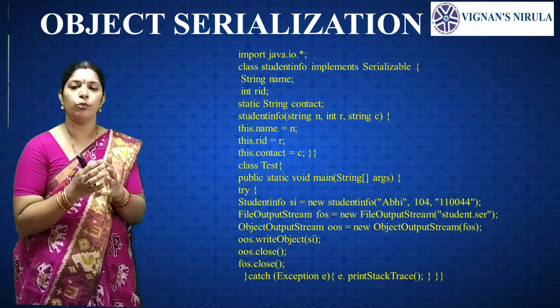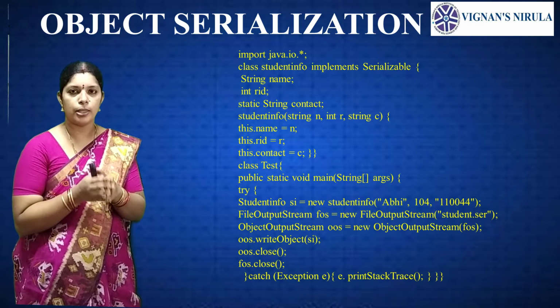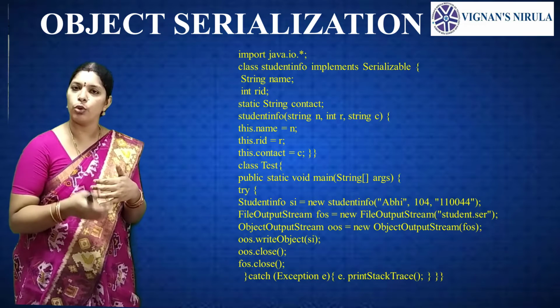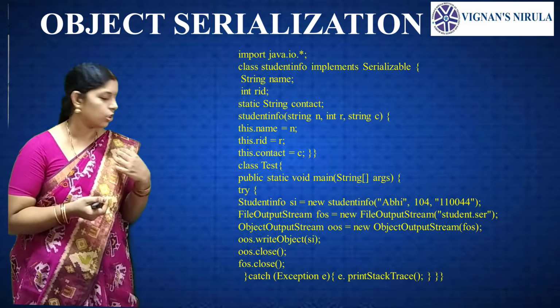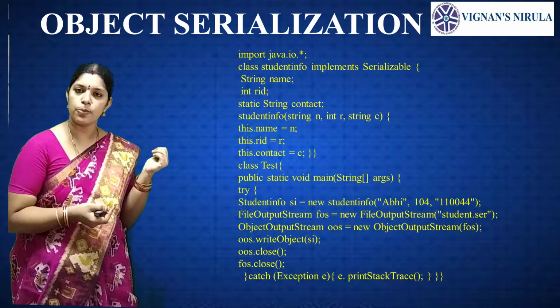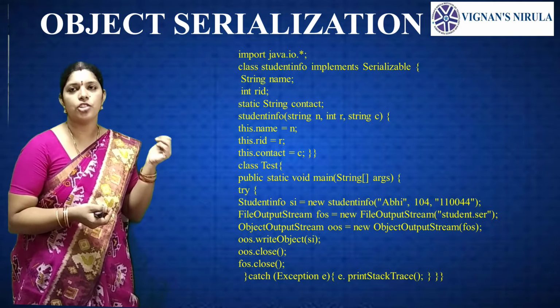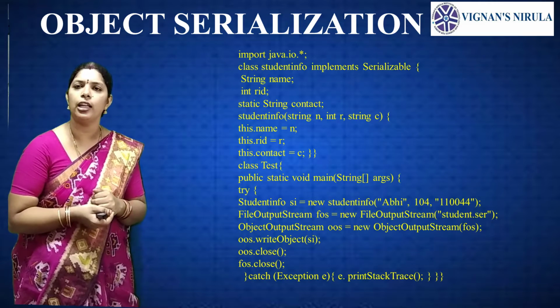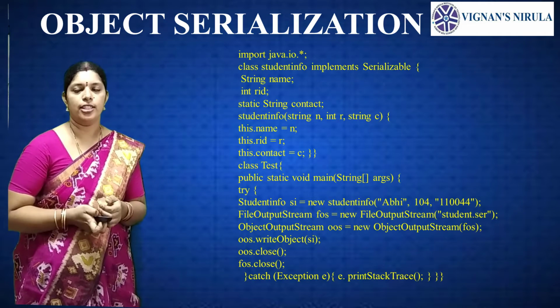Next we are writing the object, the student information, and after that we are closing the os and fos. In the last, catch Exception e, e.printStackTrace. Whatever we display in the exception will be displayed in the print stack trace.